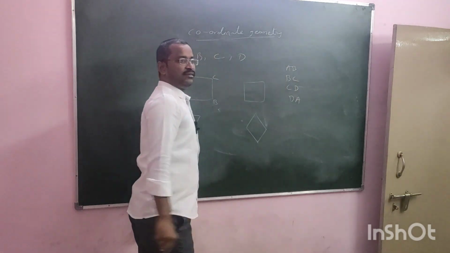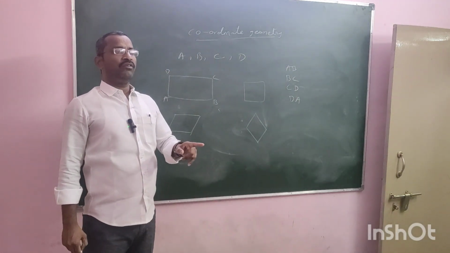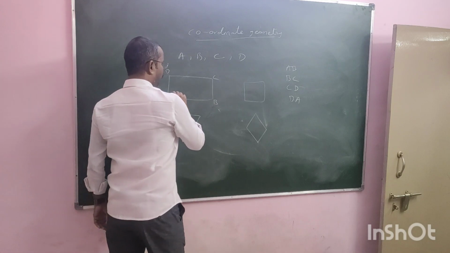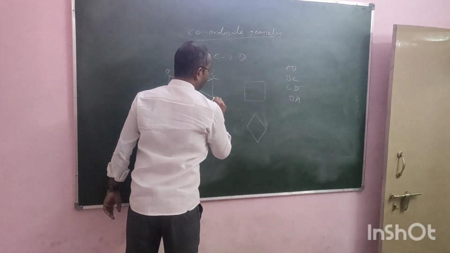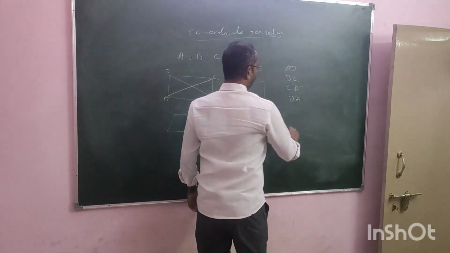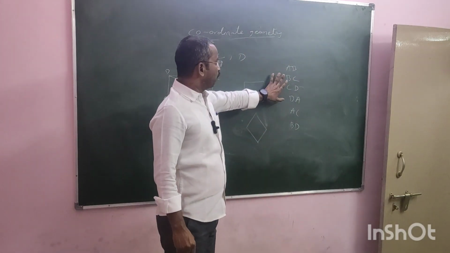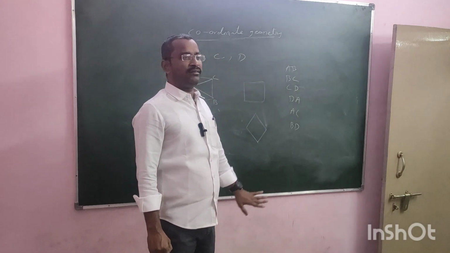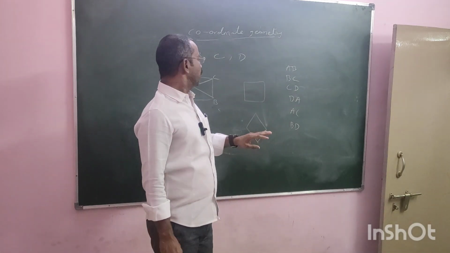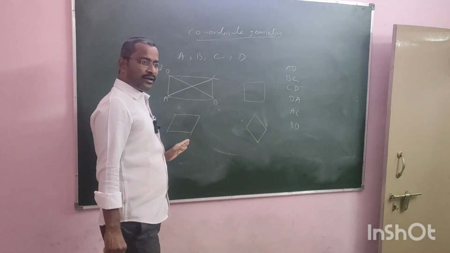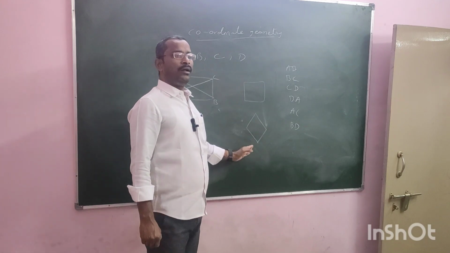These are the sides. Also, you need to verify with the diagonals, AC and BD. After finding all six distances, you can confirm the shape.